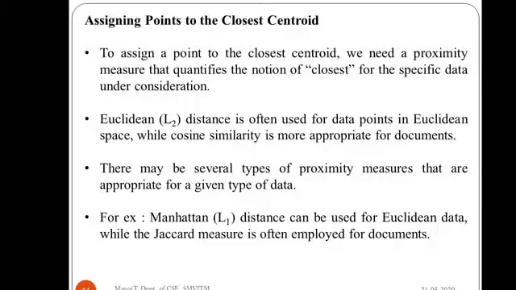A Jaccard measure may be employed for documents. This was also seen earlier in module 1. Those who don't know about the Jaccard measure and simple matching coefficient can go back to module 1 and refer to what they mean.